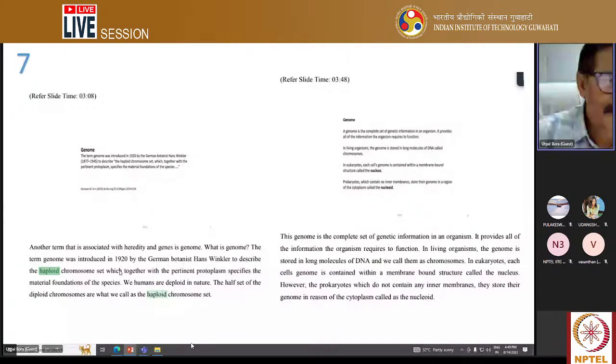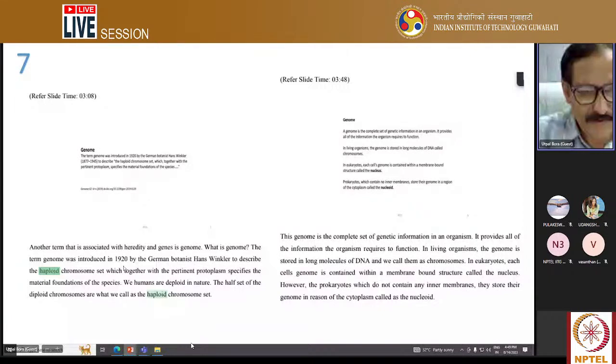As you can see in this material, which is also available on the MOOC's website, you can download it. The term genome was introduced in 1920 by the German botanist Hans Winkler to describe the haploid chromosome set. So this is not my statement. This is the statement attributed to German botanist Hans Winkler.